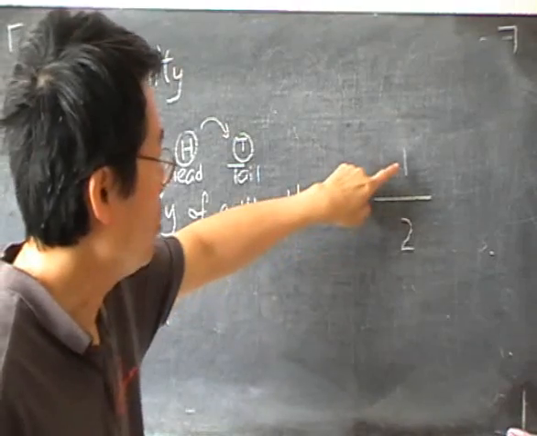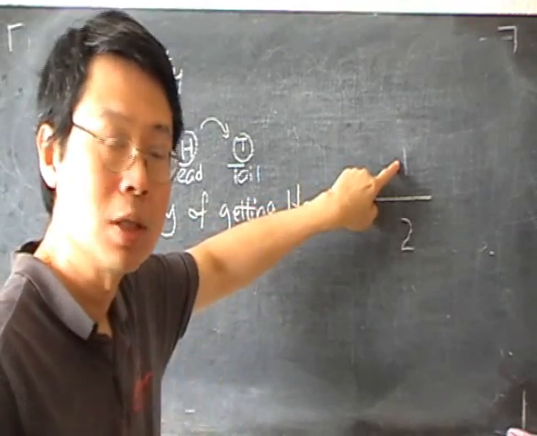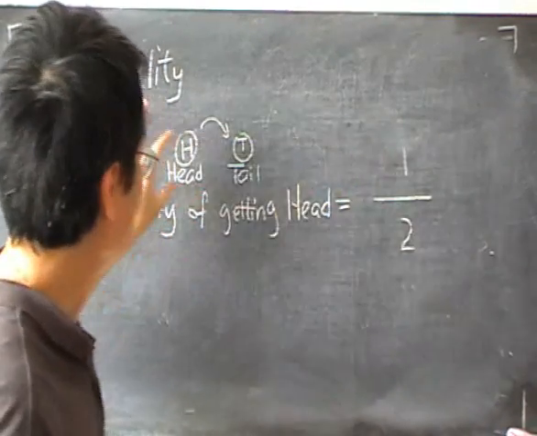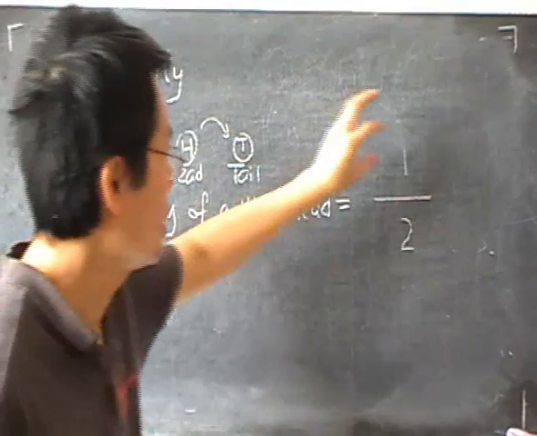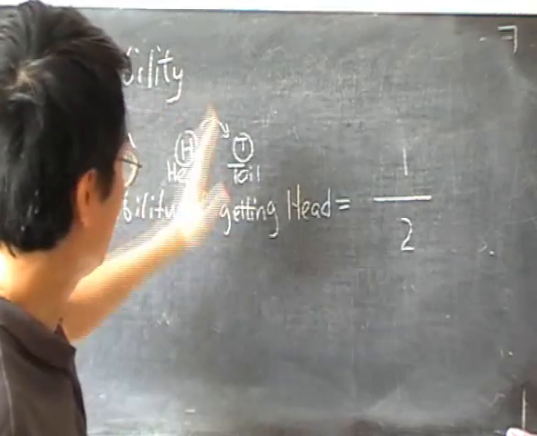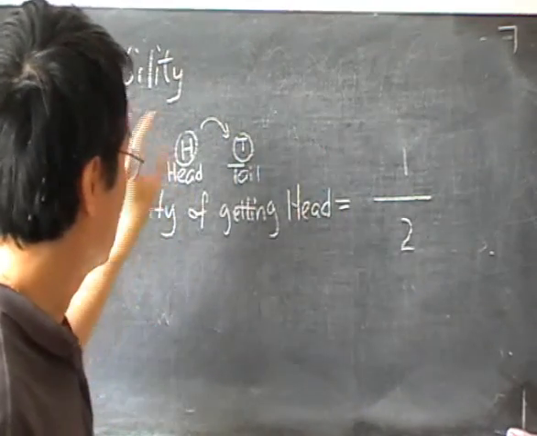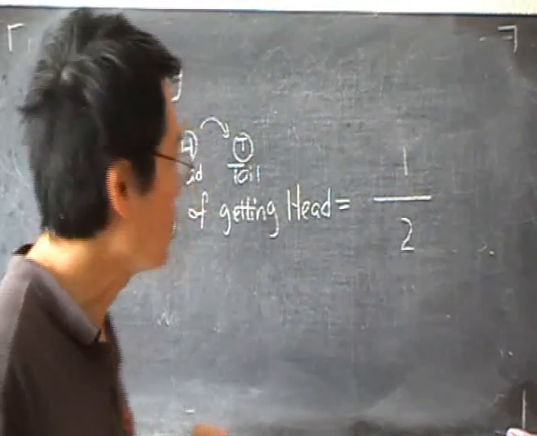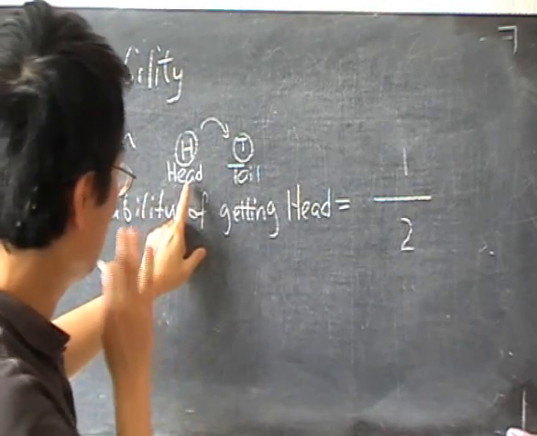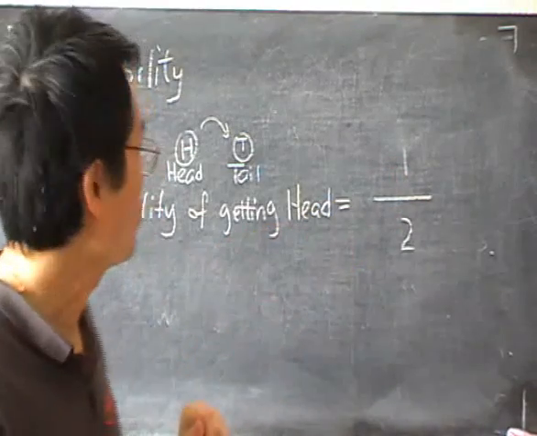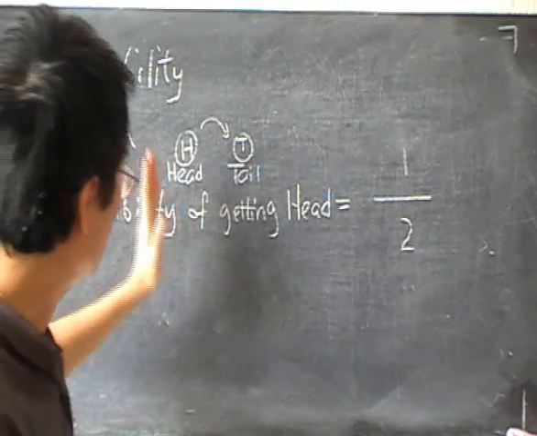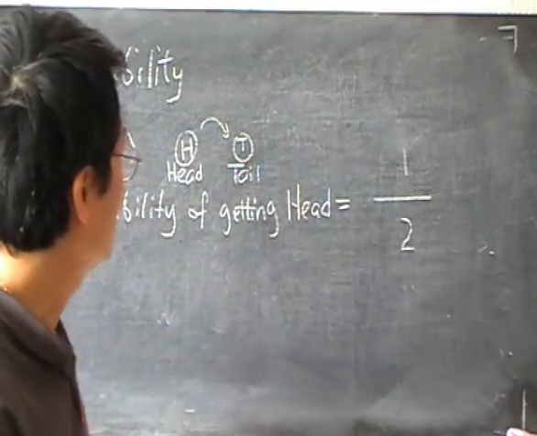We count the number of possible events that we have listed out, the one that we are interested in. In this case it's the head, so it's just one out of the two possible events, and we put a 1 on top of a fraction, and then we count the total number of possible things that can happen.